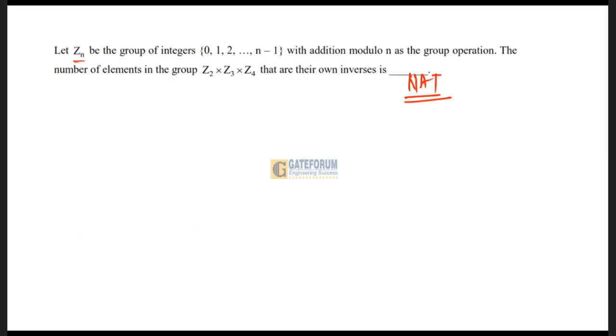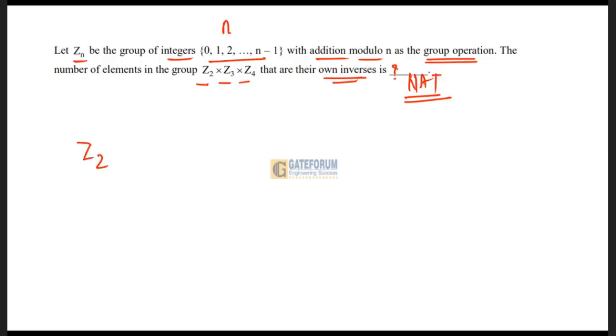Let Zn be the group of integers 0 to n minus 1, meaning n numbers, with addition modulo n as the group operation. The number of elements in the group Z2 × Z3 × Z4 that are their own inverse, we need to calculate it.